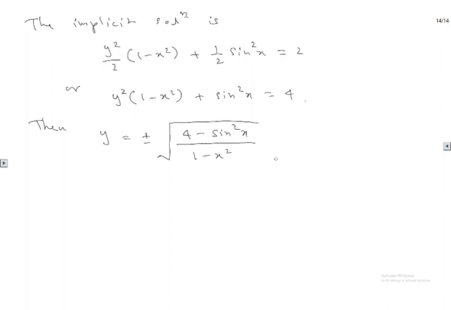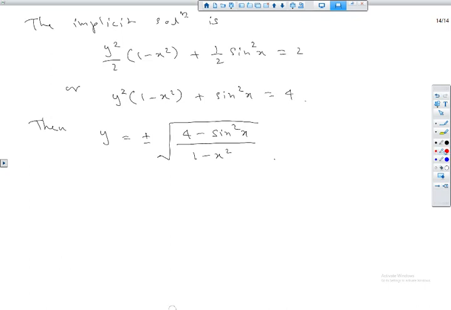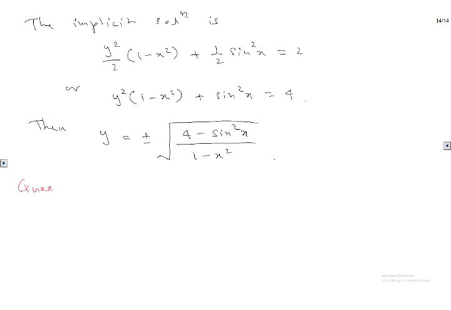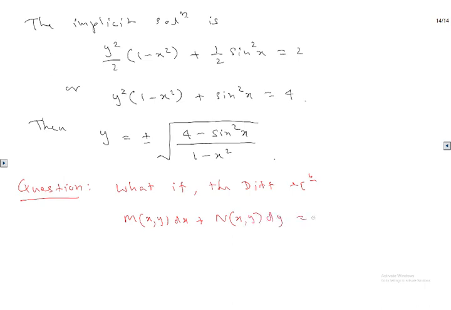Now I'm going to give you a question. What if the differential equation M(x,y) dx plus N(x,y) dy equals 0 is not exact?